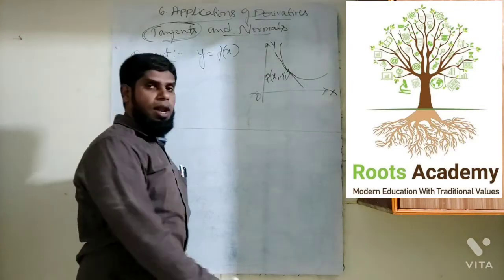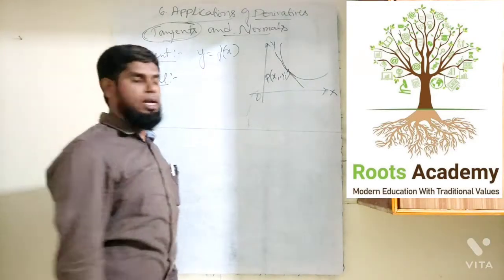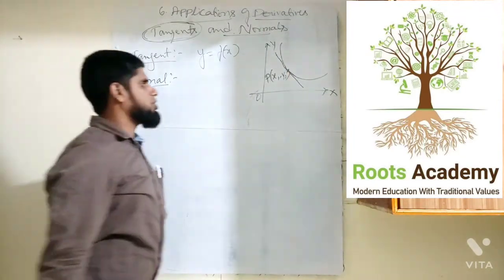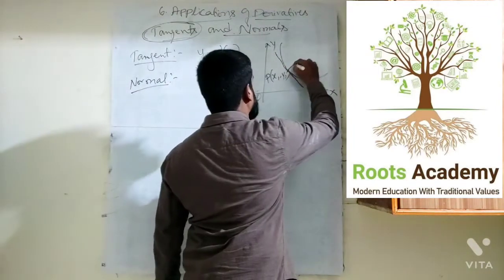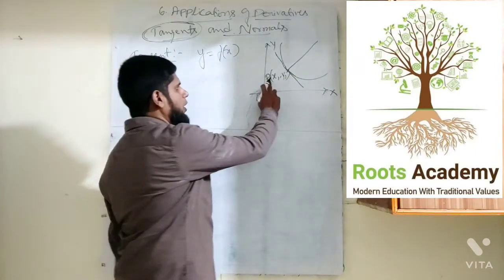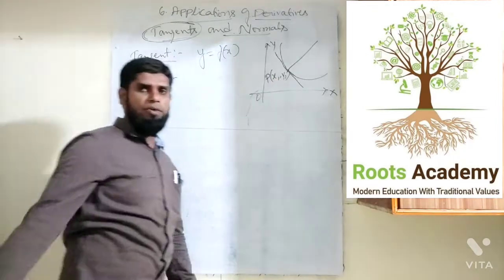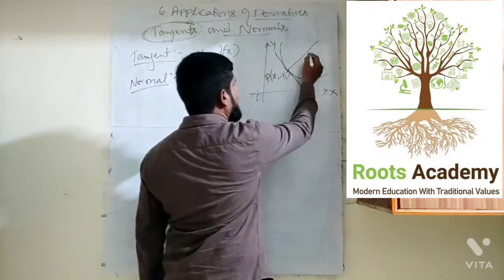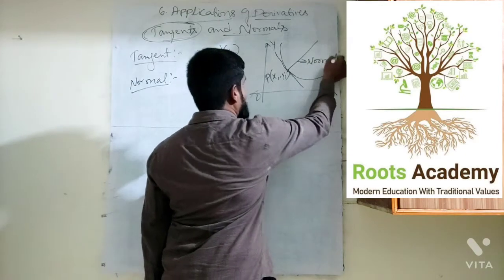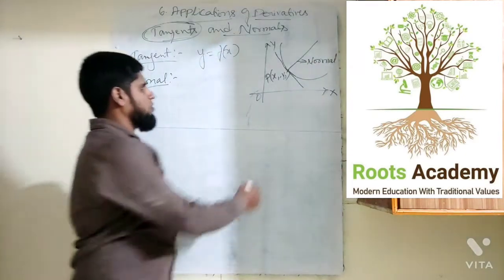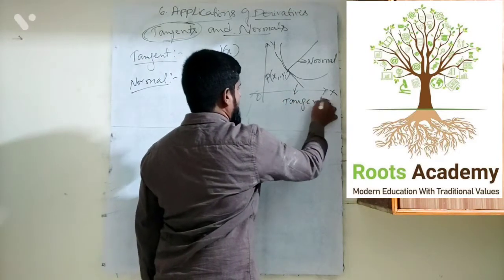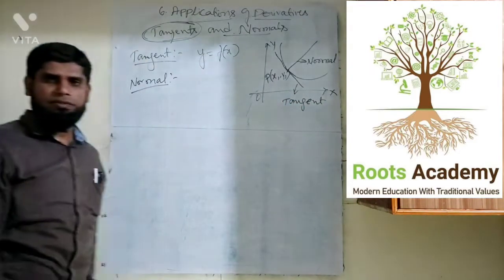Normal: a line which is perpendicular to the tangent at that point, at point P, that is x1 comma y1. So this is our normal line, and of course this is our tangent.